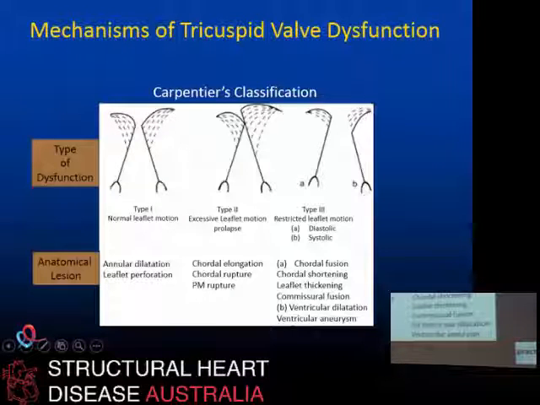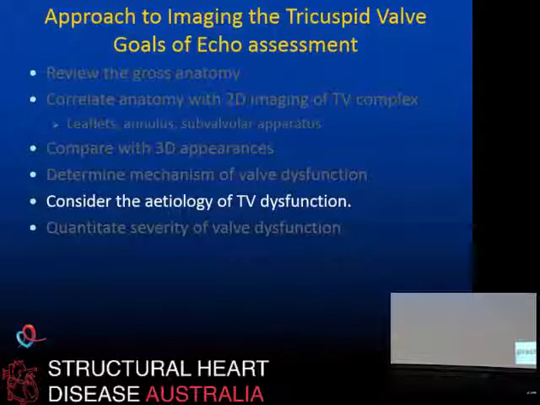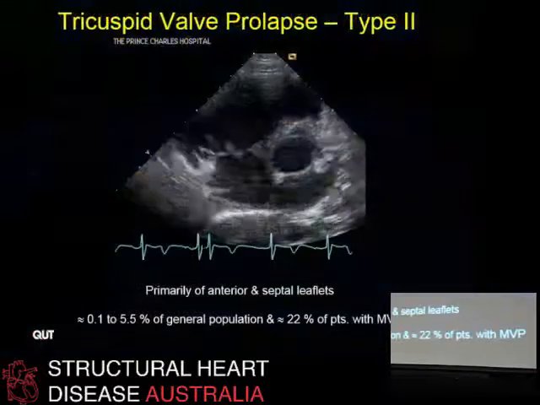But when leaflet motion is restricted, as in the case of fibrosis or scarring of the leaflets, this is type 3 dysfunction. And finally, the specific etiology of the tricuspid valve dysfunction needs to be detailed.